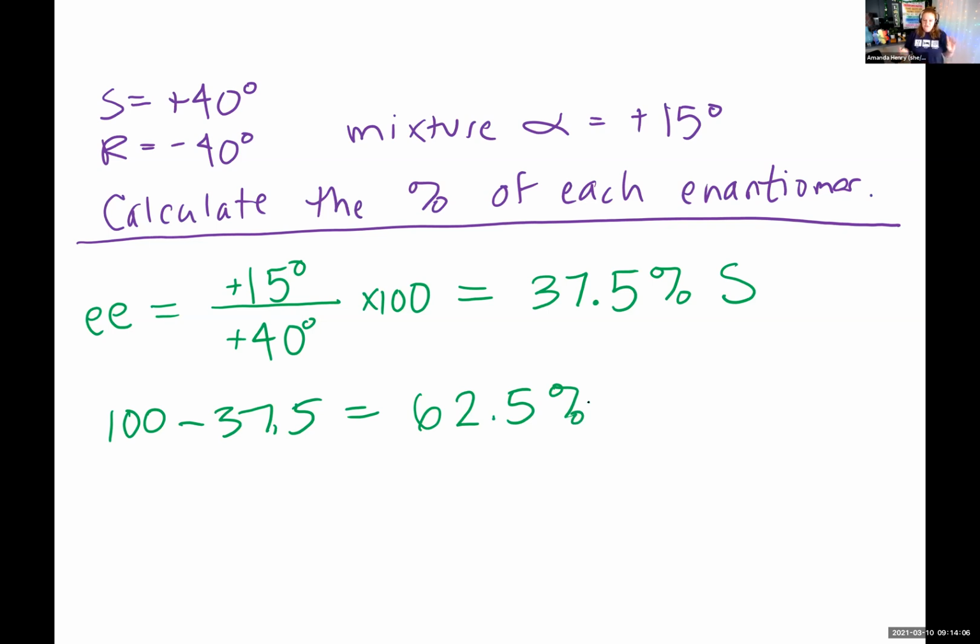The rest of that solution, the 62.5%, is a racemic mixture. So we want to figure out the percentage of R and the percentage of S. We actually haven't figured out either answer yet. Any thoughts on how we could get to our answer?